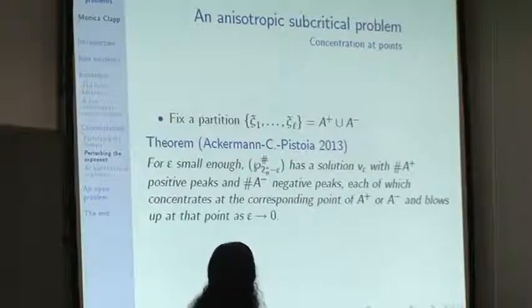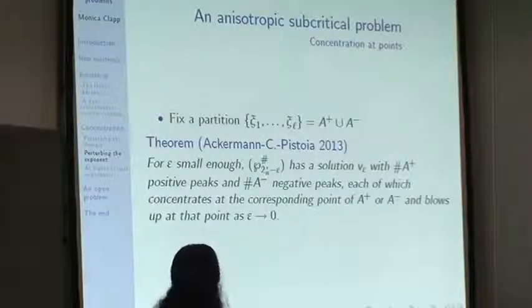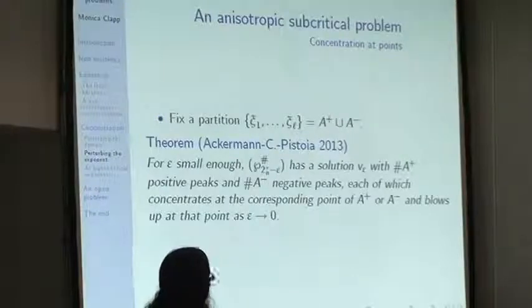This is a joint result with Niels Ackermann and Angela Pistoia, and it says that for epsilon small enough, we can find solutions of the problem in critical dimension minus epsilon. So we can find a solution which has a positive peak in each point in A plus, a negative peak in each point of A minus, and as epsilon goes to 0, these peaks concentrate at the corresponding point. Okay?